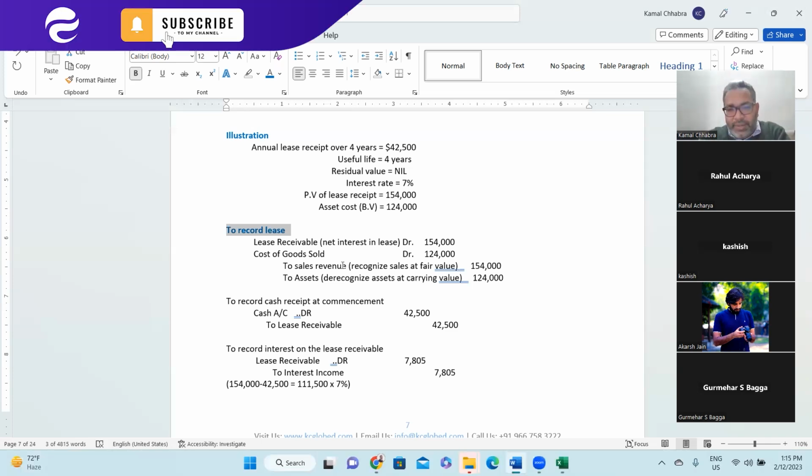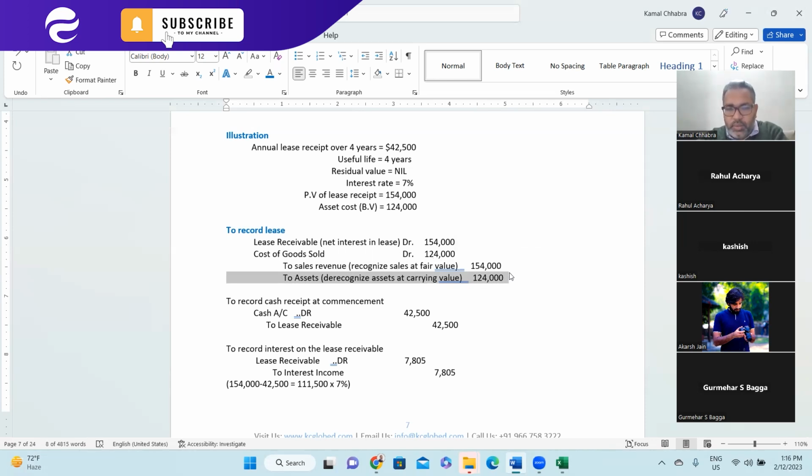On the other side, when you make a sale, you also release inventory and book cost of goods sold. COGS to inventory, generally you make. So same way here also, COGS is at cost, and here you are giving an asset. So instead of inventory, you are de-recognizing the asset because you are giving the asset on lease.